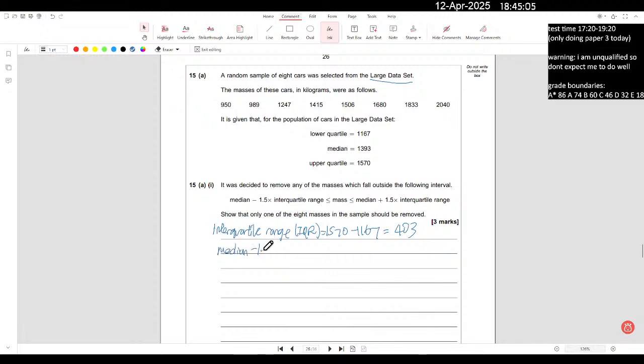Median minus 1.5 IQR equals 1393 minus 1.5 times 403, which is 788.5. Median plus 1.5 IQR is 1997.5.